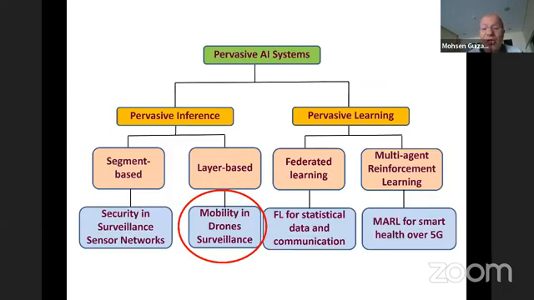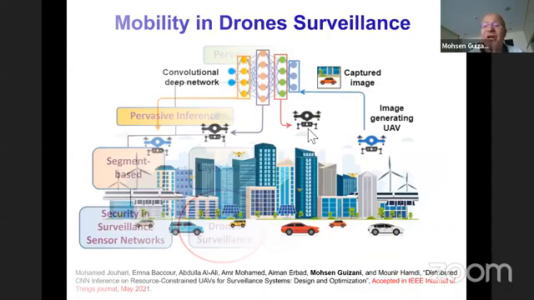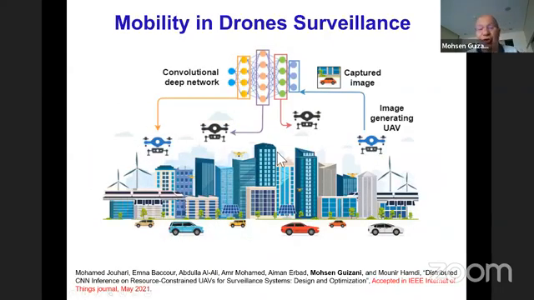So now we can move to the drone surveillance. In drone surveillance, we don't use the segment convolution network or the segments. We use layers in this situation. As you can see here, we have drones surveying a certain part of the city, and then images are being captured and processed in a layer-based approach.